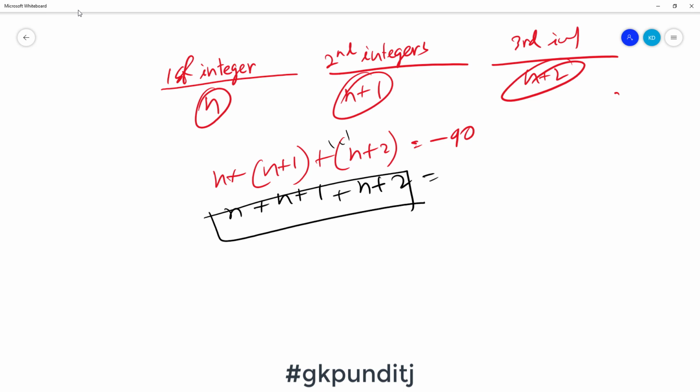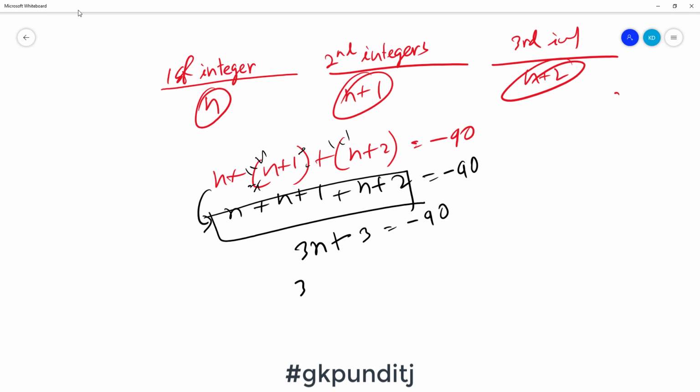Just removing this bracket, and then this equation, you get this. And now 3n plus 3 is equal to minus 90.